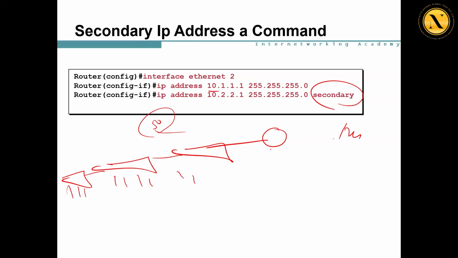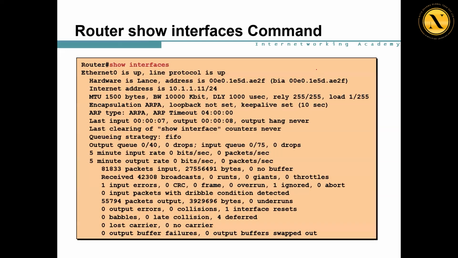Now more employees are coming and it's going to exceed 254. What do I do? I can take one more subnet and just add it as secondary. So I can go up to 254 more addresses here. Got it? But beyond this, you can't have anything else. So 254 plus 254 like that.